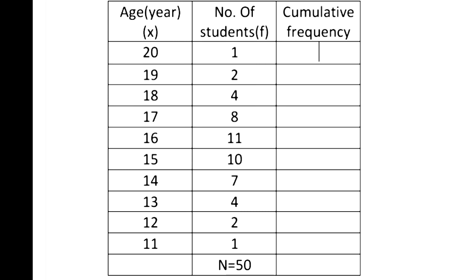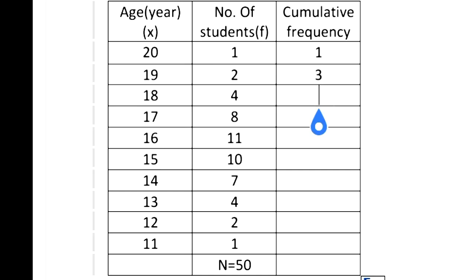To find the median value, we have to find the cumulative frequency column. The first cumulative frequency value will be 1. The next value will be 1 plus 2 equals 3.